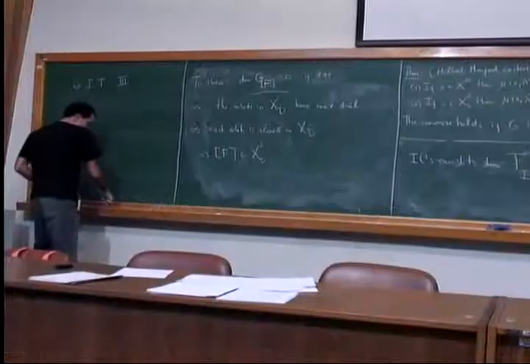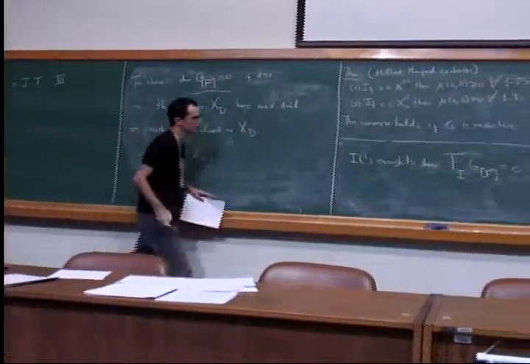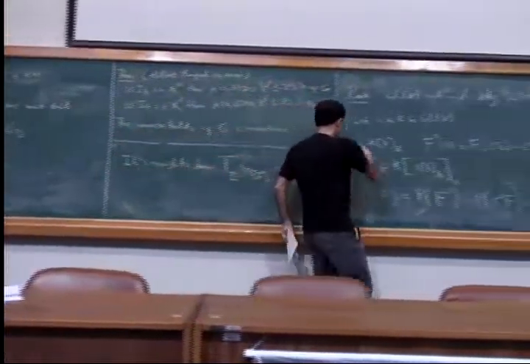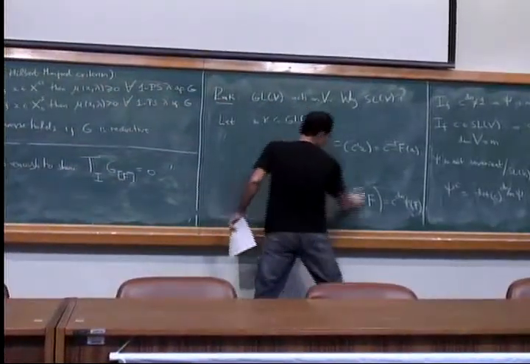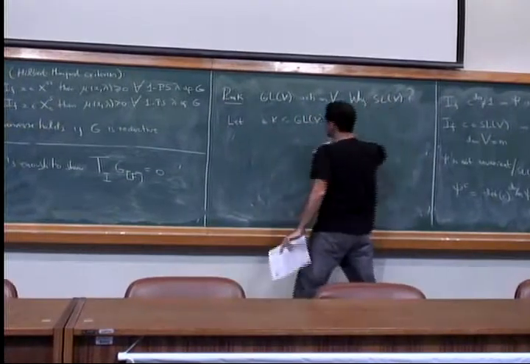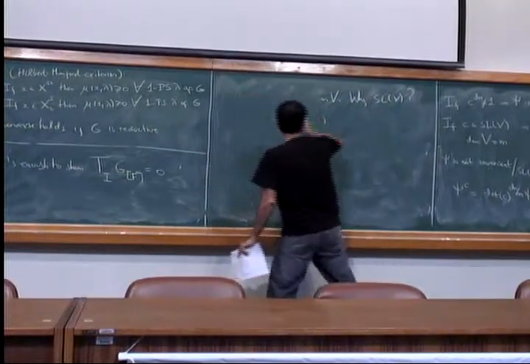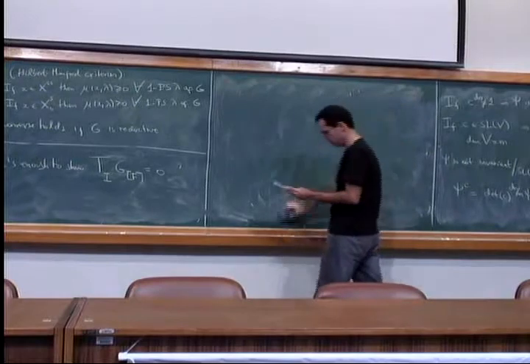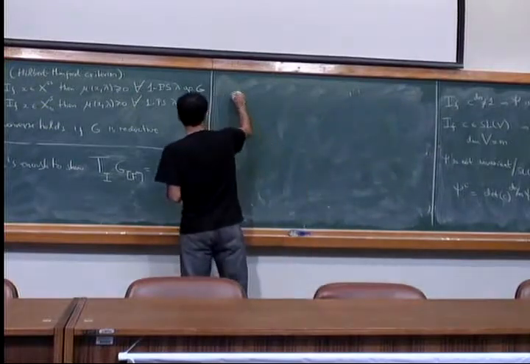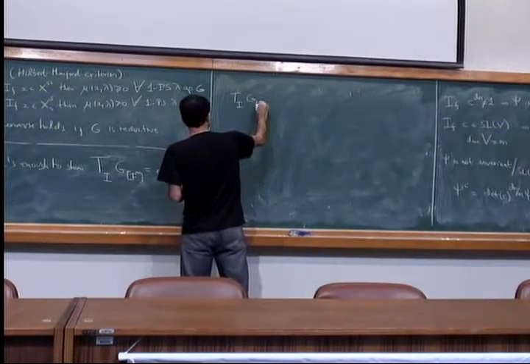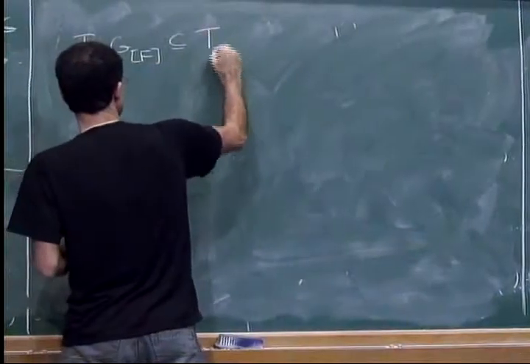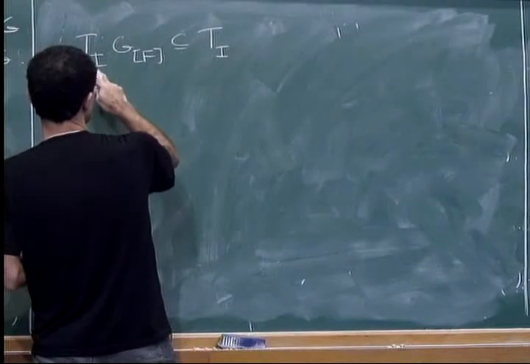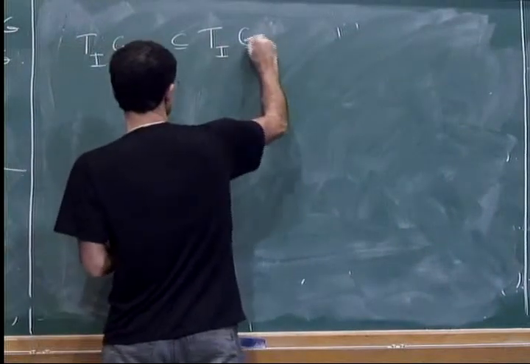Okay? So how do we do that? Well, we use the infinitesimal description of the tangent space, just like Bertrand did last week. In fact, this lies inside the tangent space at the identity of the whole group.